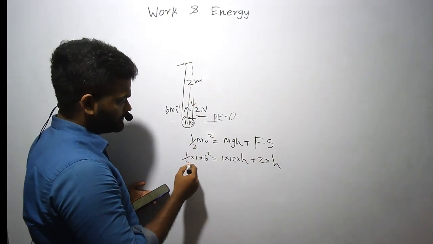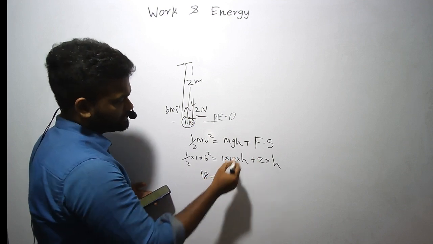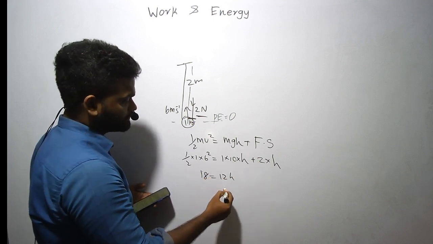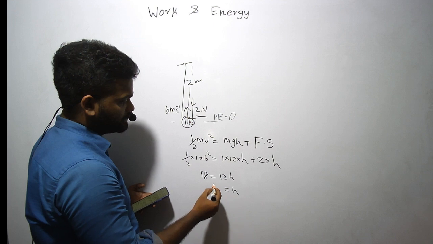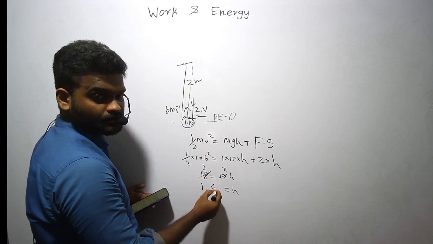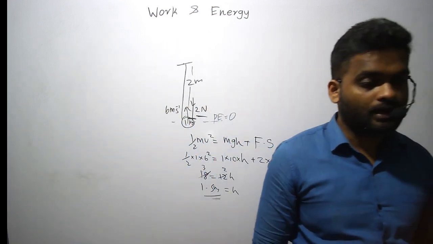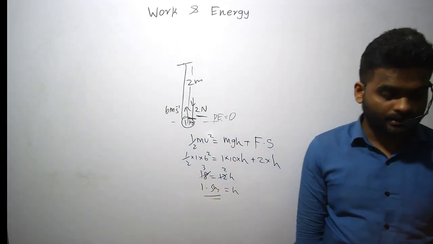Okay, then simplify. 36 divided by 2, 18. 10h plus 2h, 12h. So what do you get? Just divide both sides by 12. You get 1.5 meters. Yeah, correct. So you get 1.5 meters. Okay.